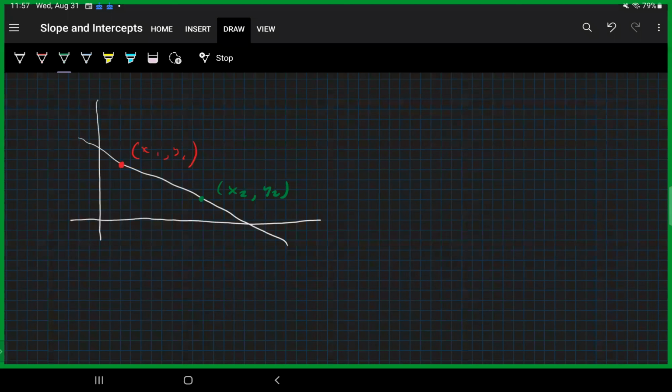So the way we think about slope is we're going to count off how far the graph is rising over how far it's running. So you might have heard rise over run.